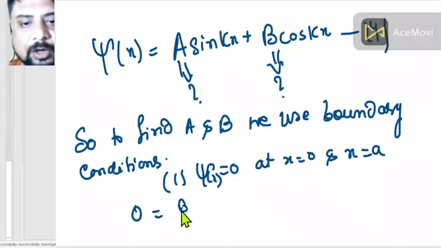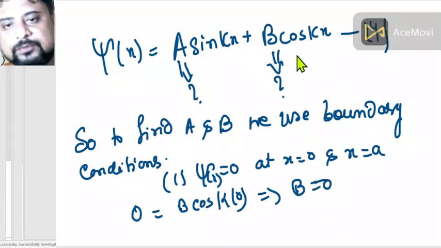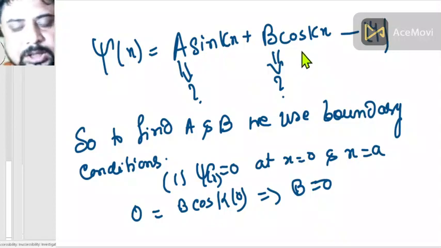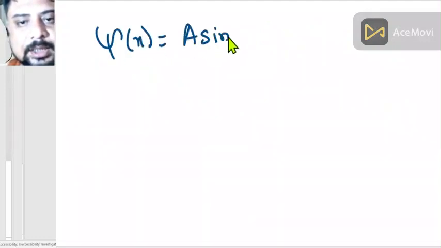If we evaluate this quantity in equation number 4, psi x, put here x equal to 0: the left hand side is 0, a sin 0 is 0, b cos k 0, cos 0 is 1, so b is equal to 0.